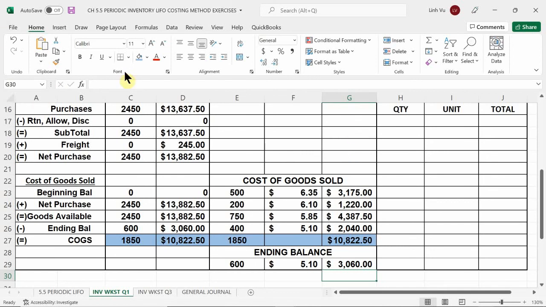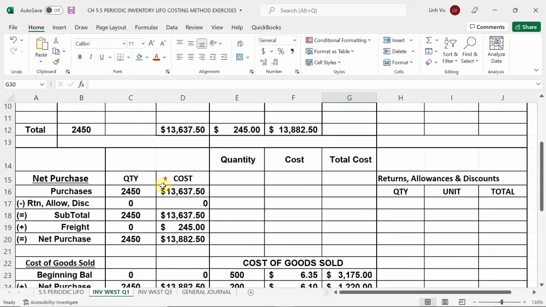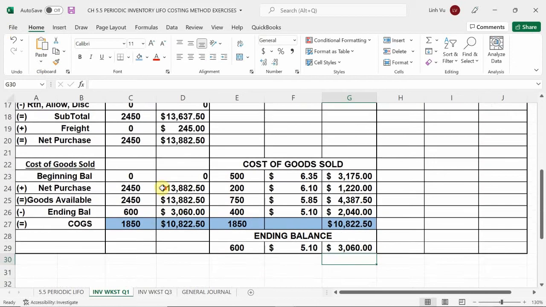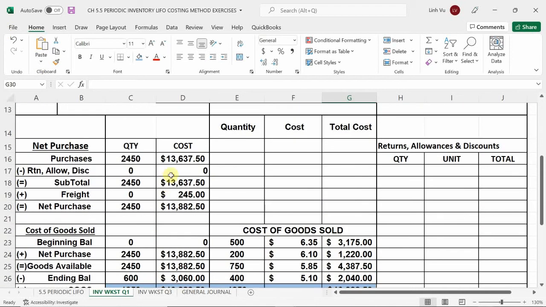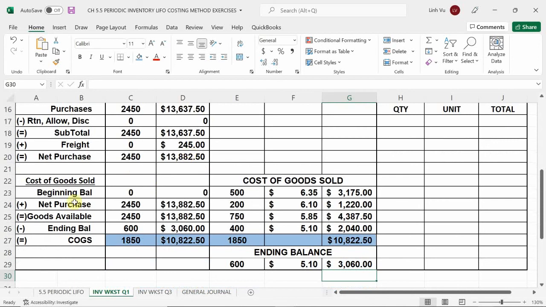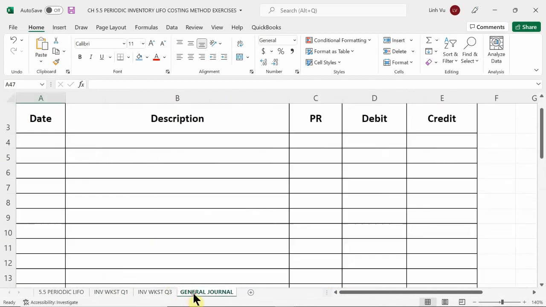So now that we have all of our numbers computed, let's go ahead and plug them into our journal, because we need to complete our conversion entry at the end of the accounting period. Every time you do your inventory worksheet, that is the last thing that you need to do.